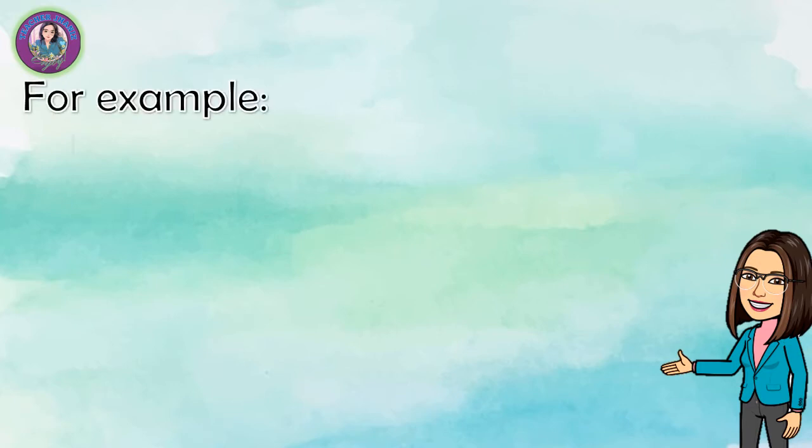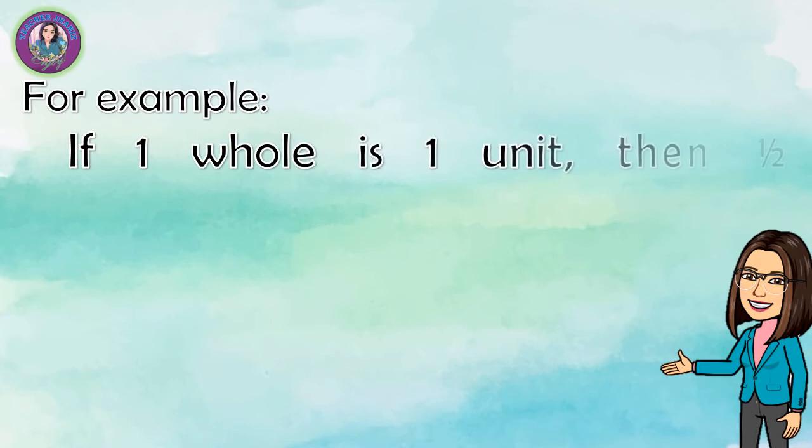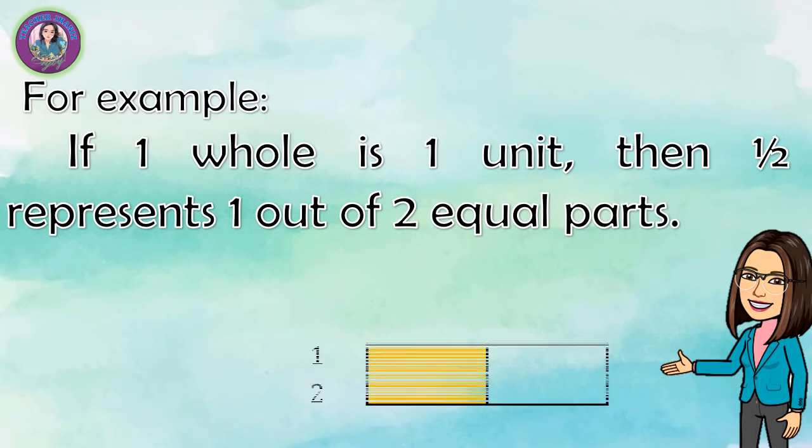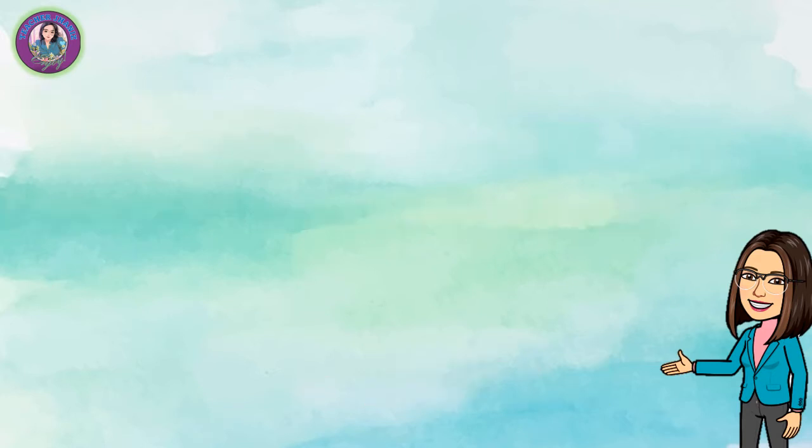For example, if 1 whole is 1 unit, then 1/2 represents 1 out of 2 equal parts.